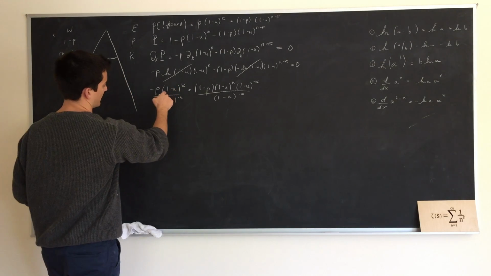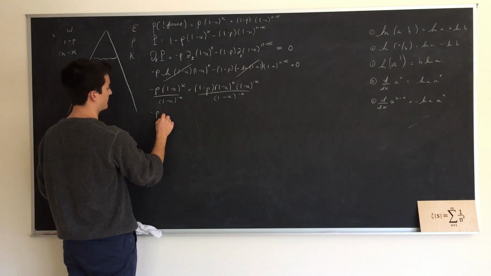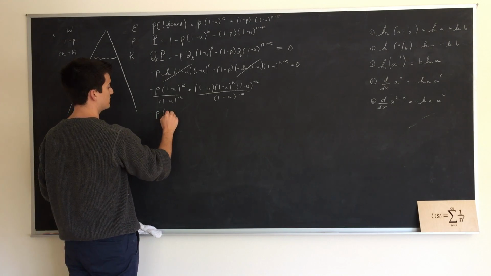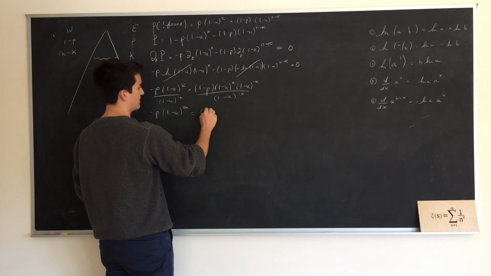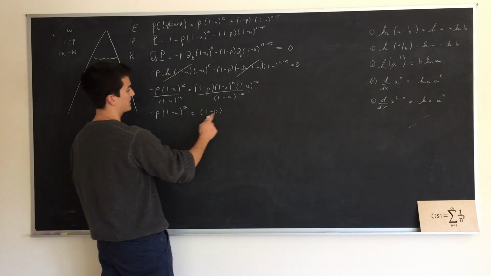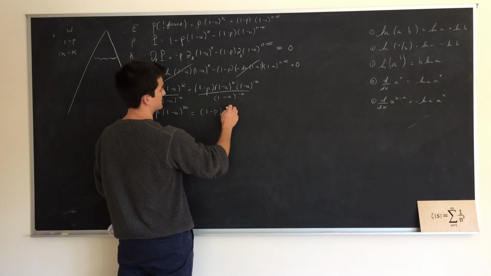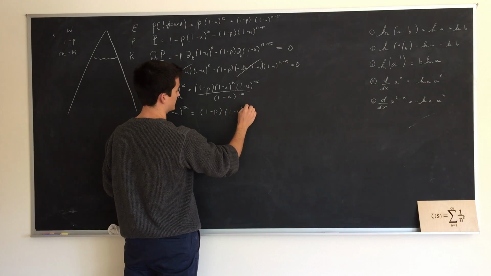And then this will become 1 minus u to the 2k. So we now have minus p, 1 minus u to the 2k equals 1 minus u, 1 minus p times 1 minus u to the n.